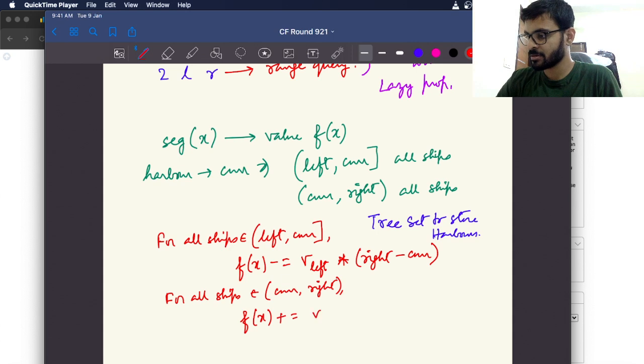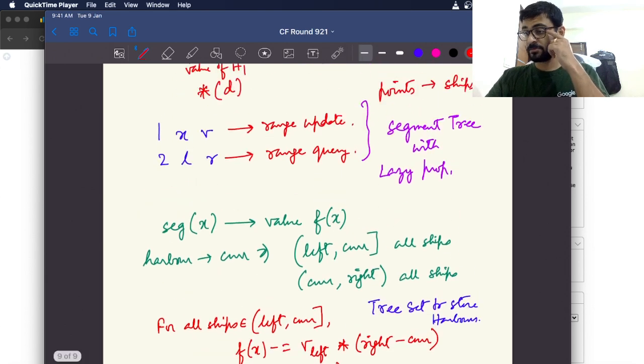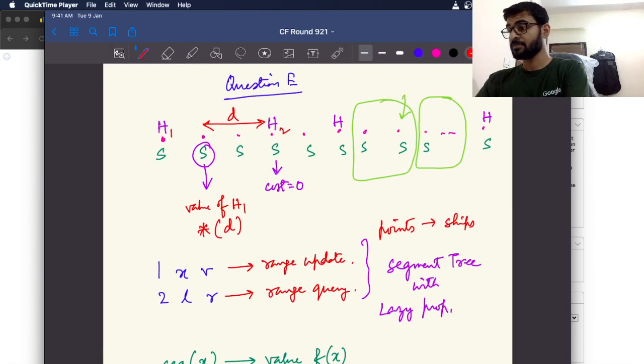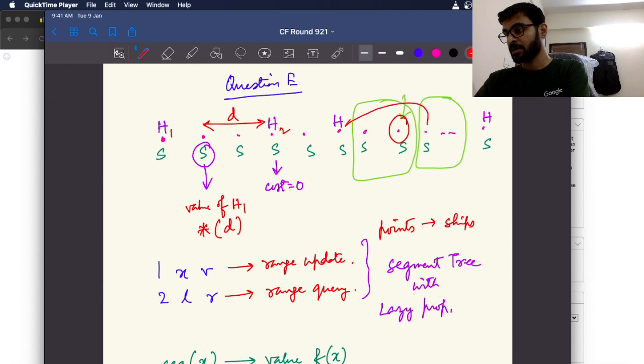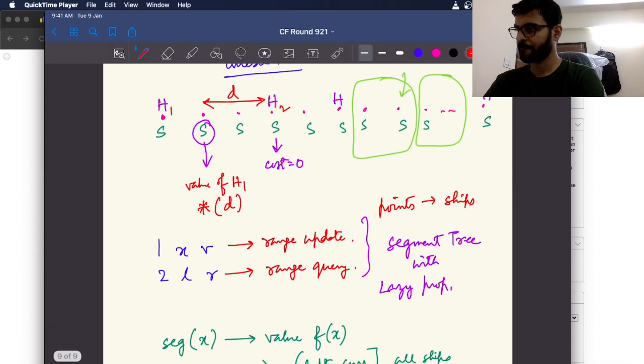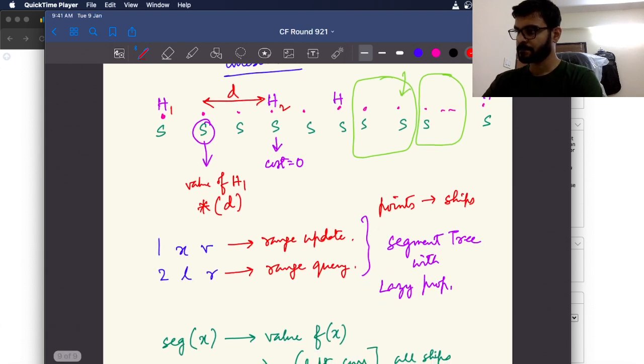So v car minus v left. From this position, this is where I'm introducing the harbor. All of these are going to say, okay, my value, instead of that value, is going to get this value, and their distance remains the same. Their distance remains the same.